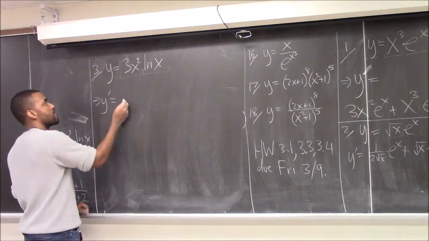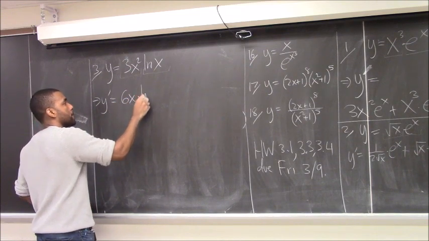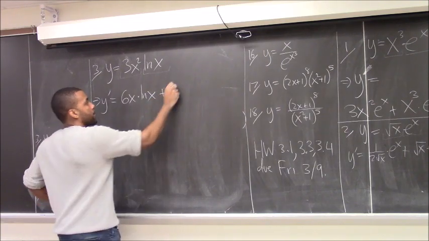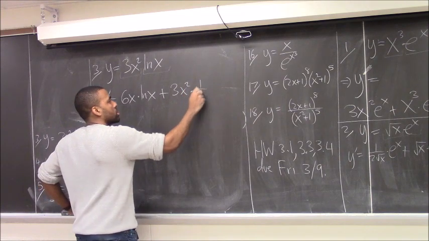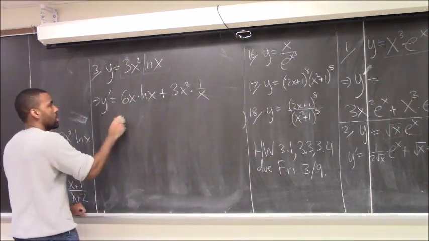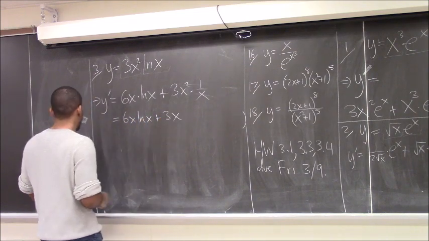So what do you get? Oh, the derivative of ln x is 1 over x. So that's 3x squared over x, so it's just 3x. I could write this as 6x ln x plus 3x.